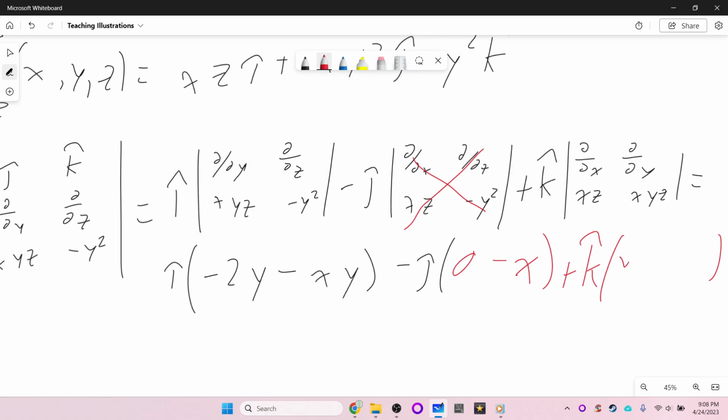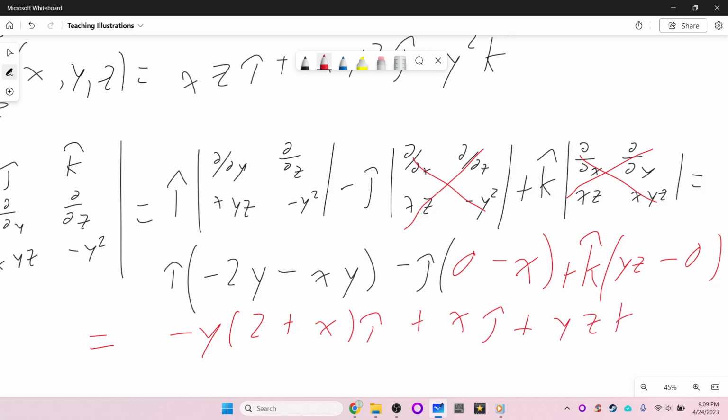Okay, so yz minus 0, because the y derivative of xz would be 0. So this ends up as, I'll factor some stuff out here, negative y squared plus x i hat plus x j hat plus yz k hat.